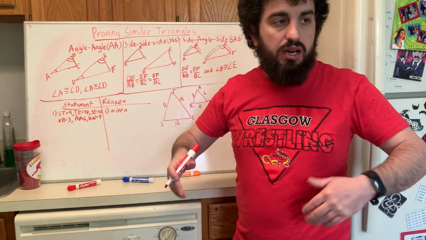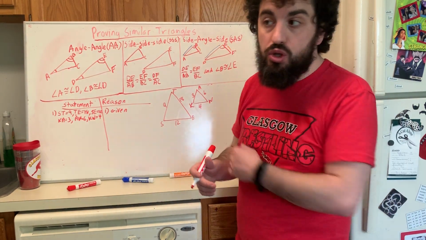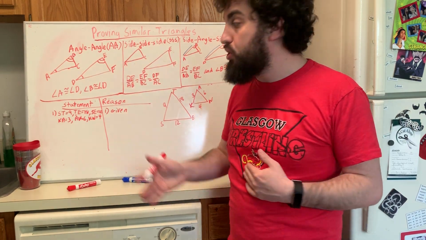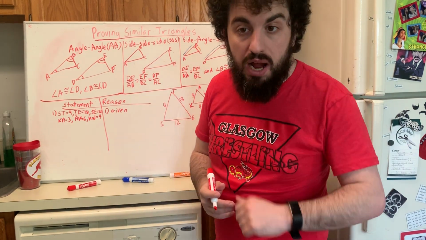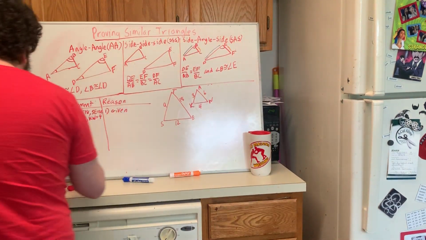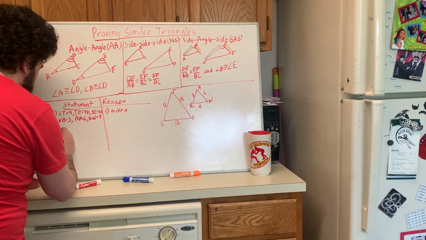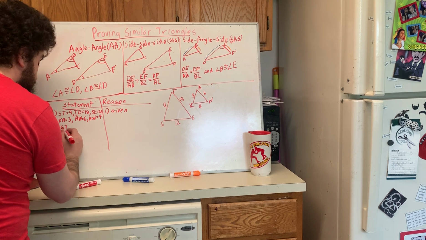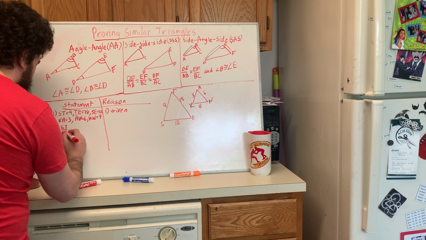Now I'm going to look at each side ratio individually, and the reason we're doing this is we're looking at side ratios, so that's going to be our rationale. So, for step 2, I'm going to do, say, ST over KA.